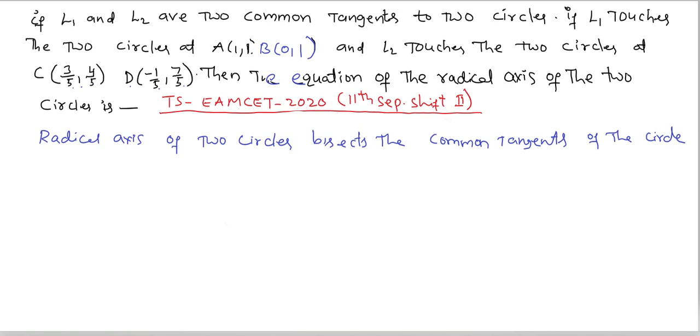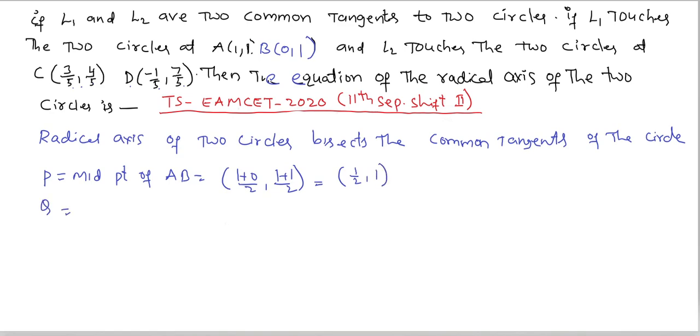So P is the midpoint of AB, that is ((1+0)/2, (1+1)/2) = (1/2, 1).